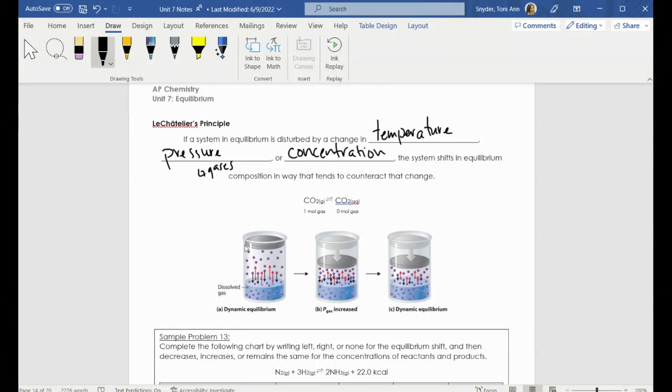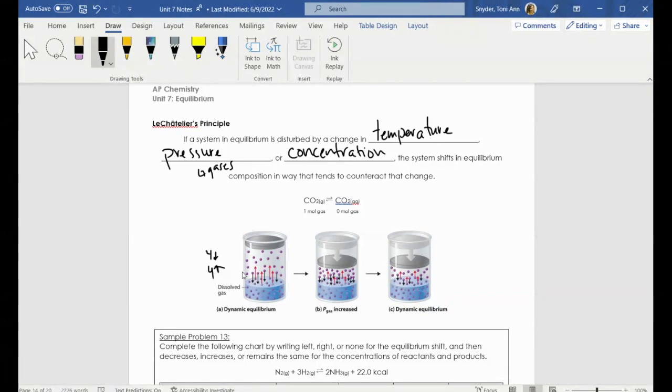I have this in a sealed container. If it's in a sealed container, we could see that this is in fact at equilibrium because I have 1, 2, 3, 4 arrows going down, and I have 1, 2, 3, 4 arrows going up.